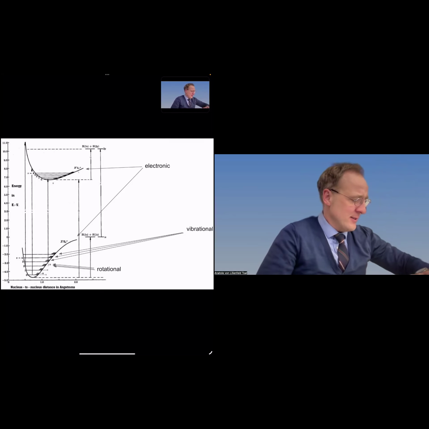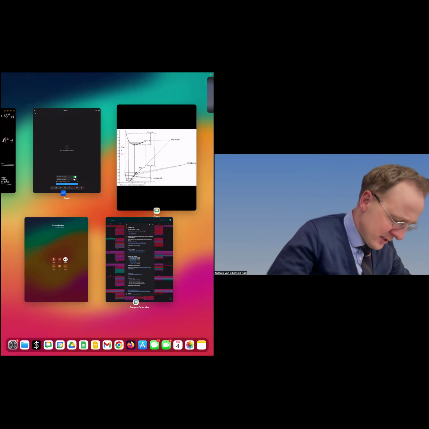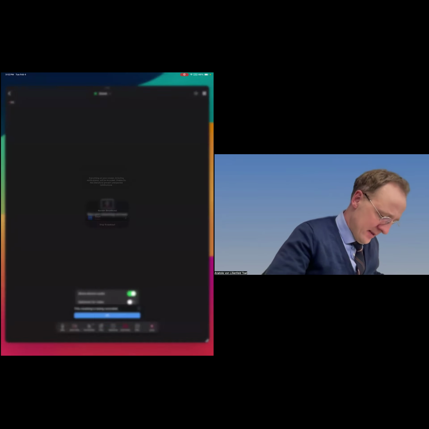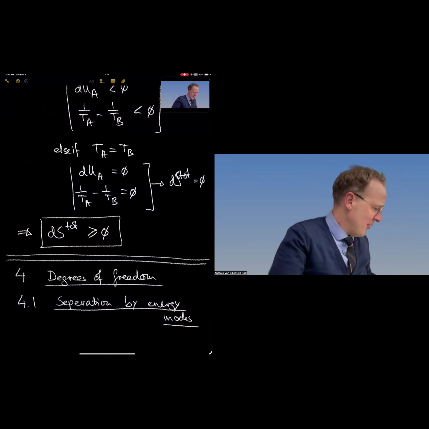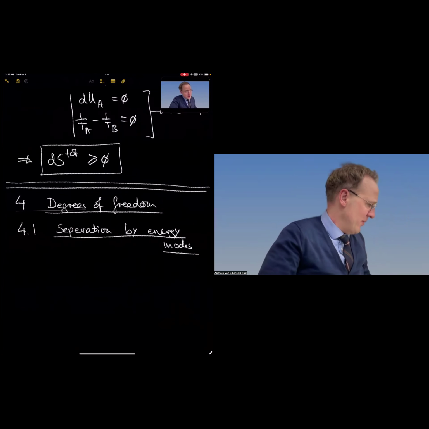Now, I'm showing you this because I want to convince you, and I need to change back again to the lecture notes, because in the chapter we are talking about now, we will be making heavy usage of these different modes.